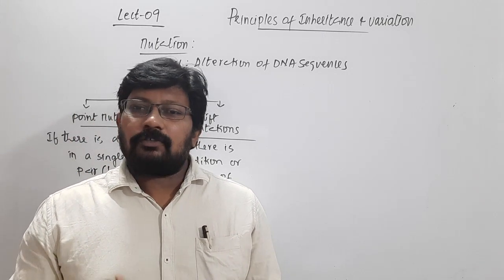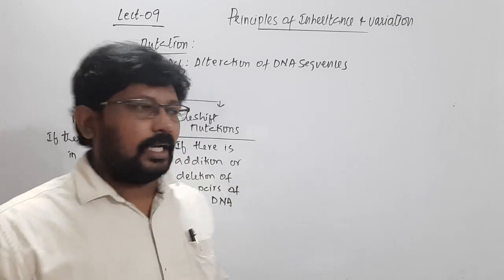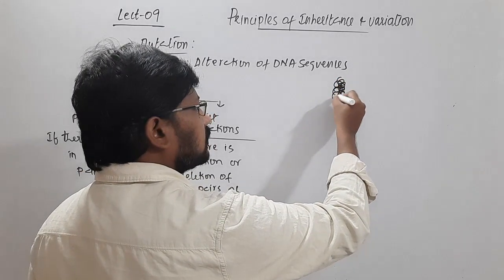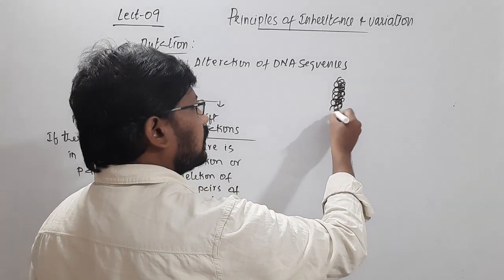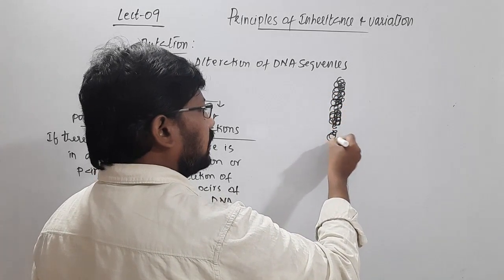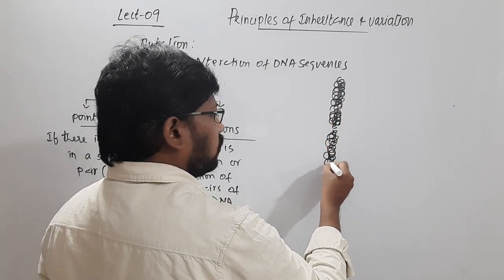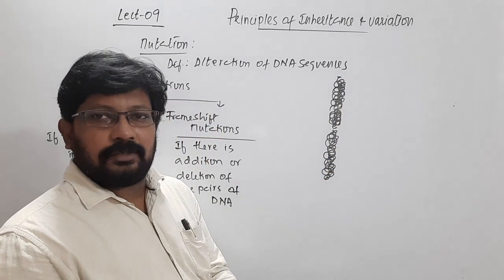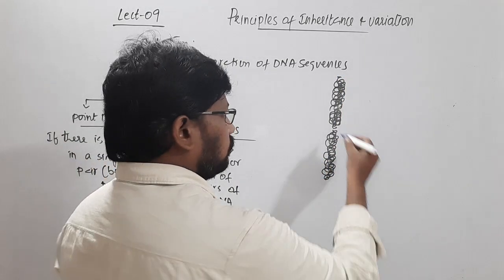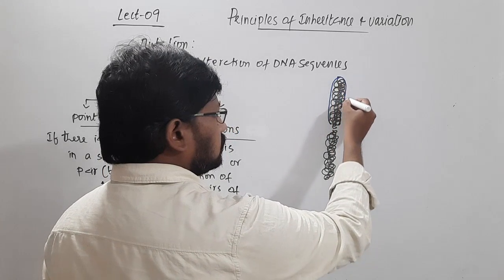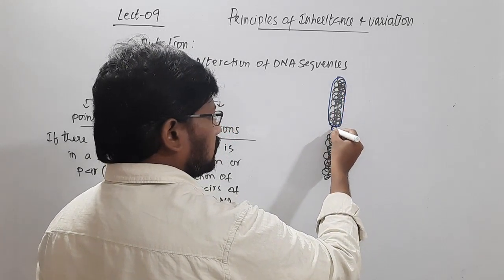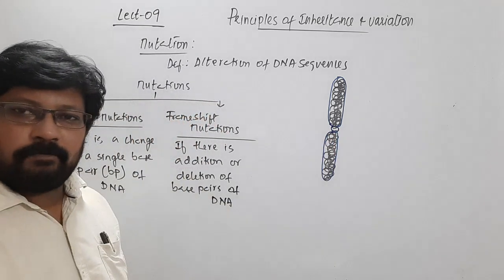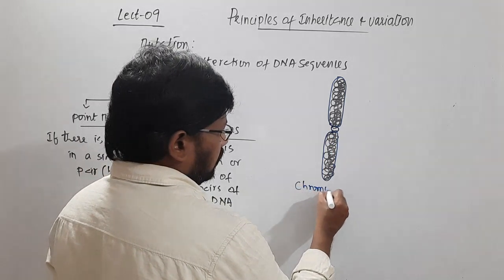So there is a lot of coiling that takes place in the case of a DNA molecule, and this is only one DNA molecule that will be seen from one end to the other end. We will usually be drawing the outline of this chromosome. So this is the centromere, and this is a chromosome.